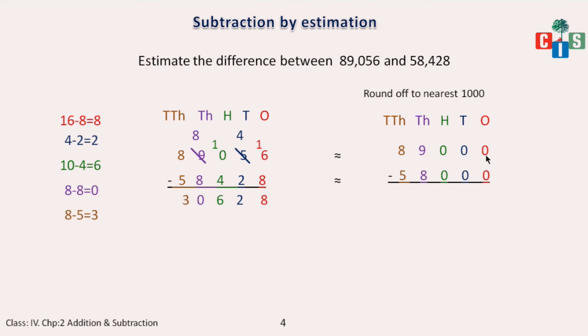Starting the subtraction: ones we have 0, tens we have 0, and hundreds also we have 0. Thousands place, 9 minus 8 will give me 1, 8 minus 5 will give me 3. So the actual answer was 30,628, but the estimated answer is 31,000. You have rounded up mostly.